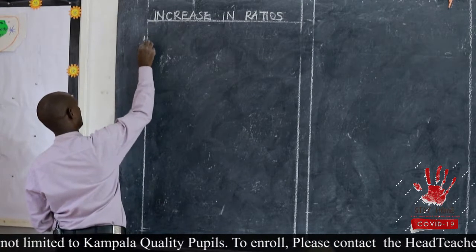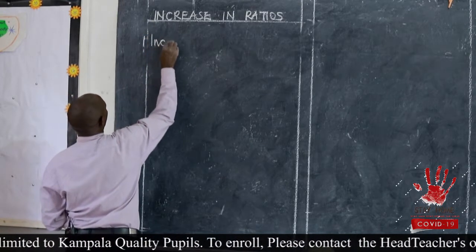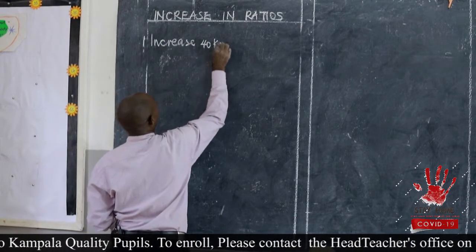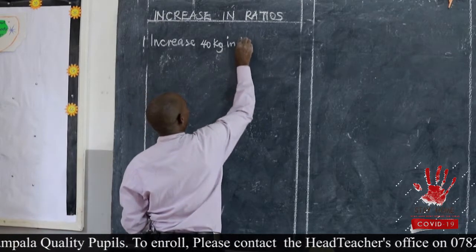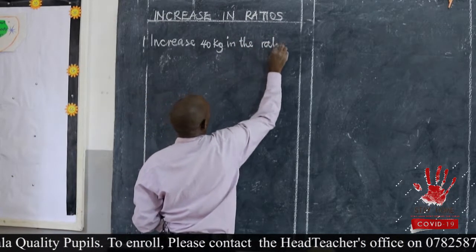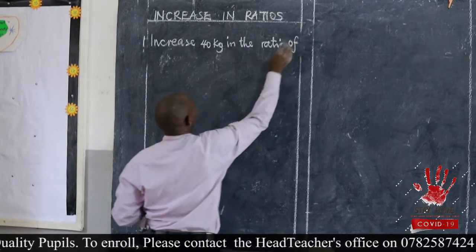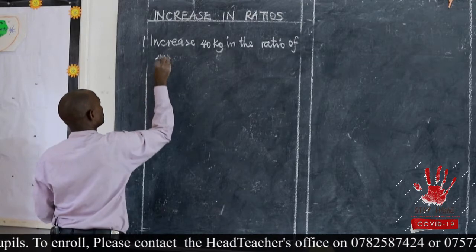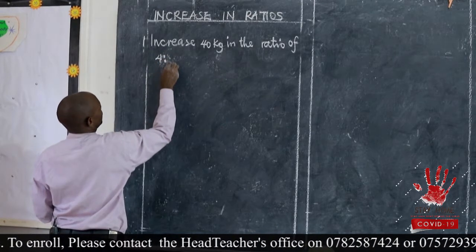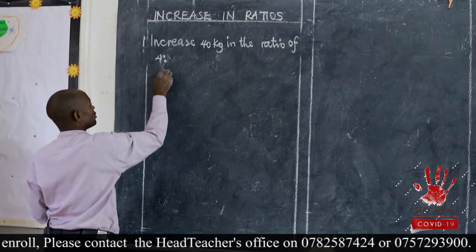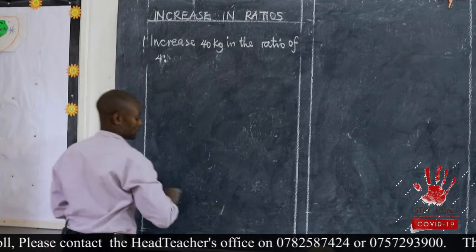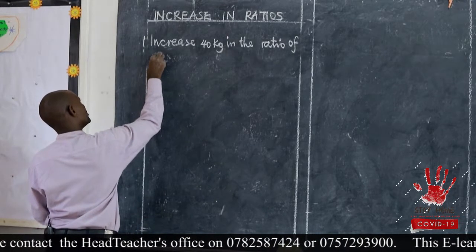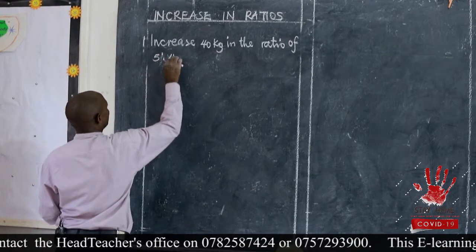In our example number 1, we are going to increase 40 kilograms in the ratio of 5 to 4.